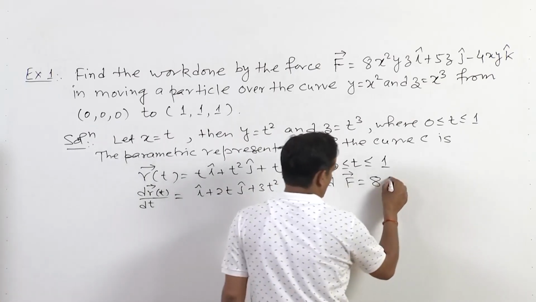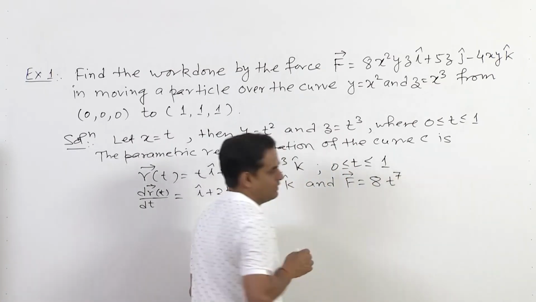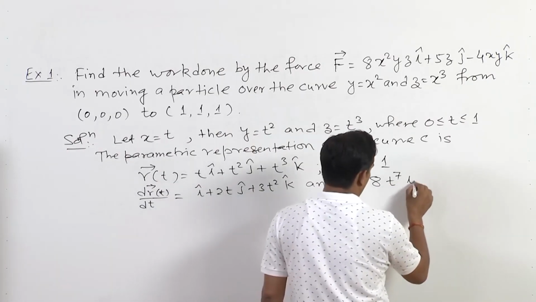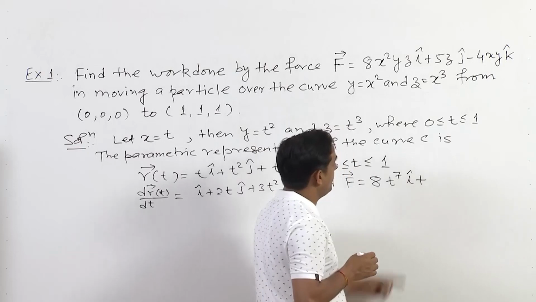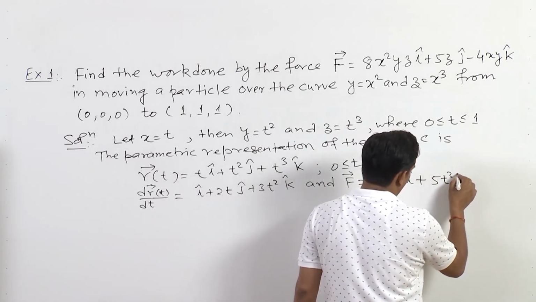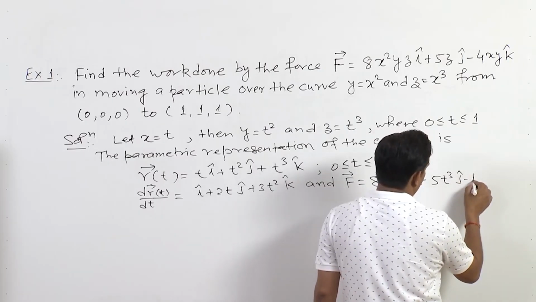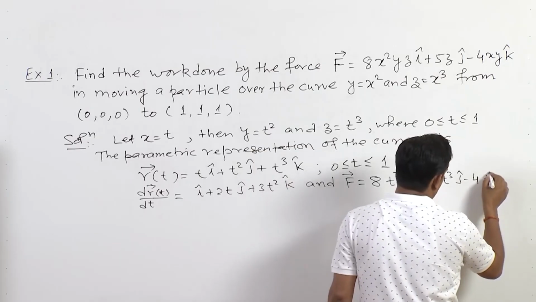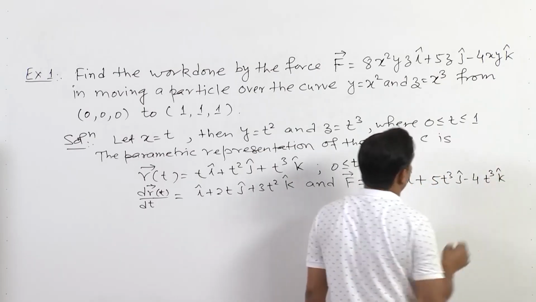So, in total it will become t raised to power 7 i, plus 5z, so 5 t cube j, minus 4x, where x is t and y is t square, so 4 t cube k.